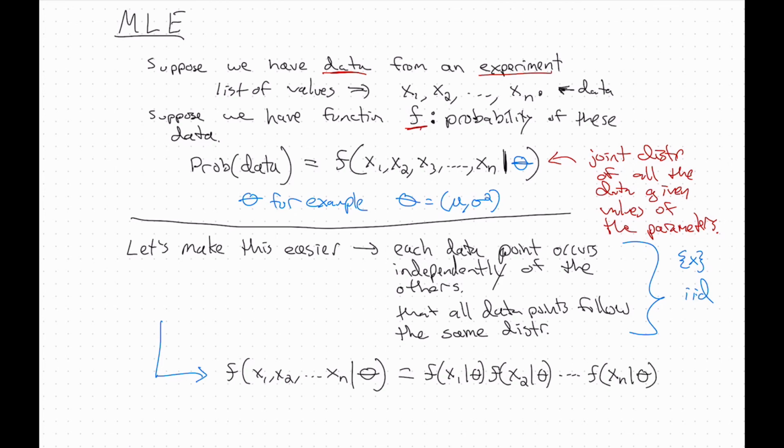The first part, each one occurs independently from the other, means that we have this nice factorization. This joint distribution becomes this product. And the fact that all of them follow the same distribution means that they all have the same f and they all have the same parameters theta. So we're just left with a big product.